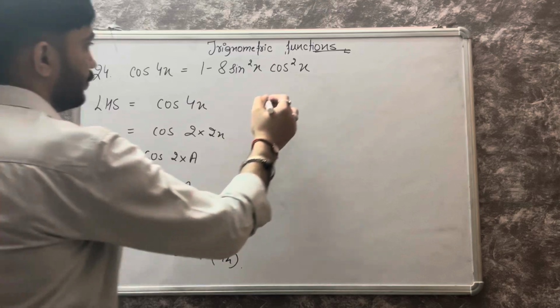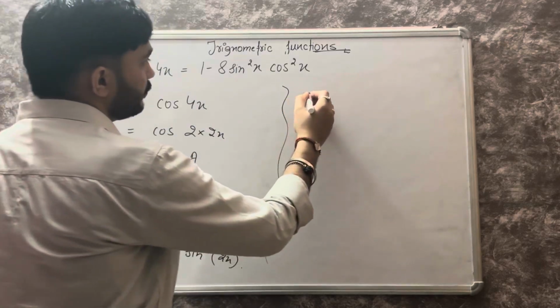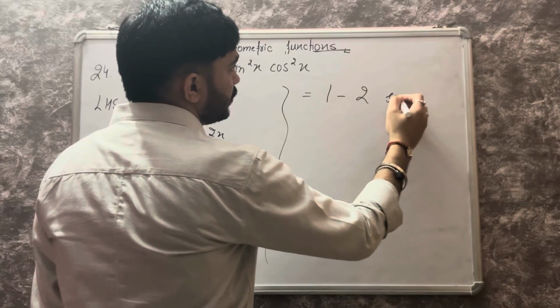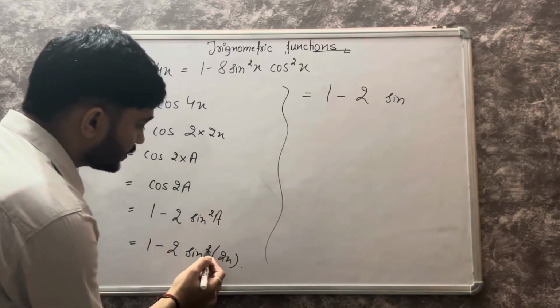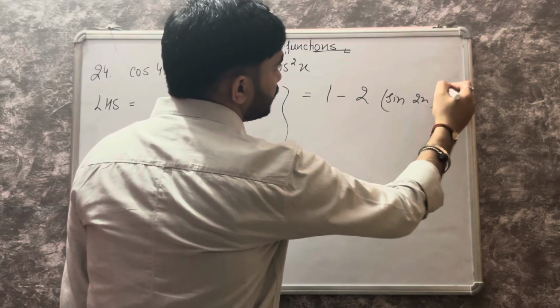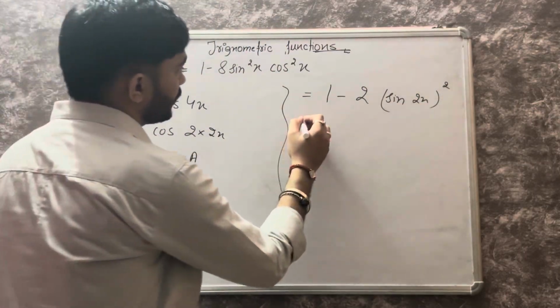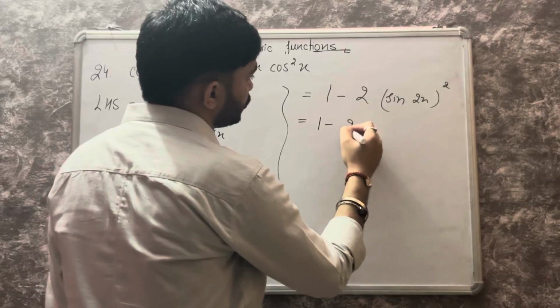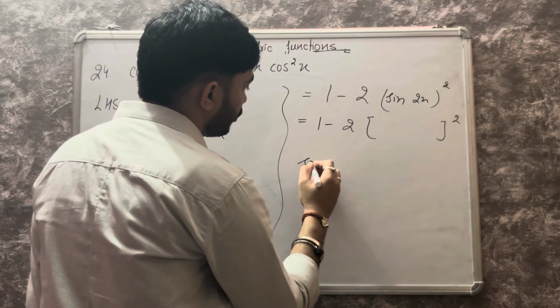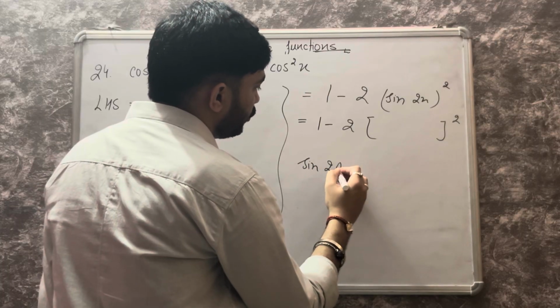Now moving forward, we have 1 minus 2 sine, we take the square out of the trigonometric function. So 1 minus 2, and we are going to use the formula of sine of 2a here.